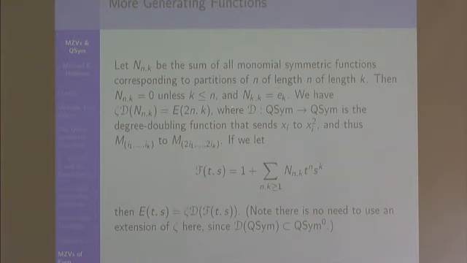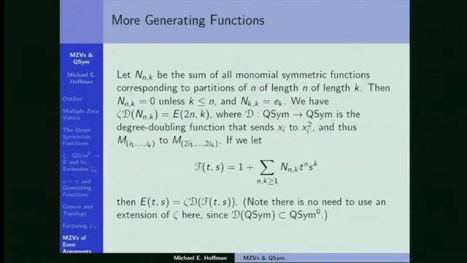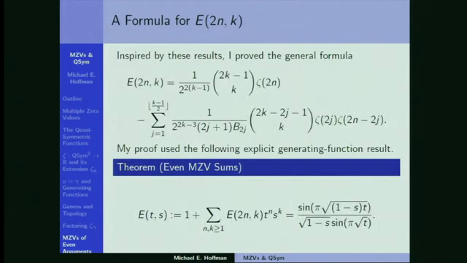Of course, if you have the greatest possible length for a given weight, you get the elementary symmetric functions, because that's just 1, 1, 1, 1, 1, k times. And if n is smaller than k, these are just 0. Now, this is exactly the gadget that my zeta function sends to this generating function e sub 2nk.